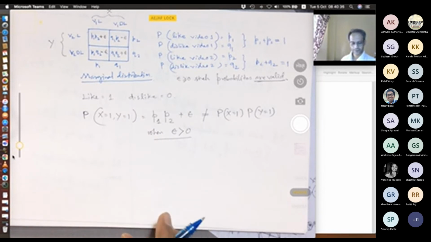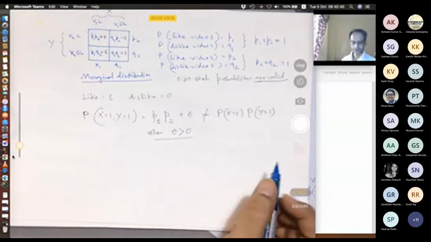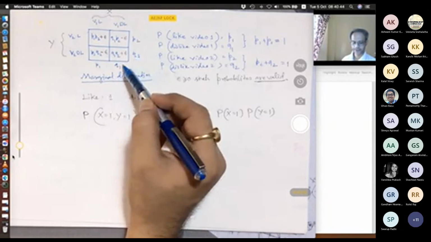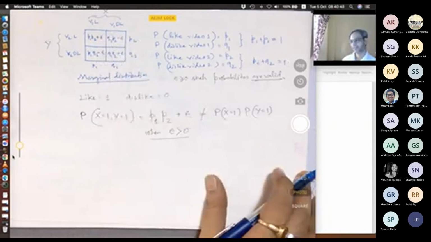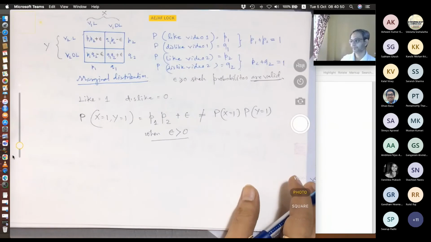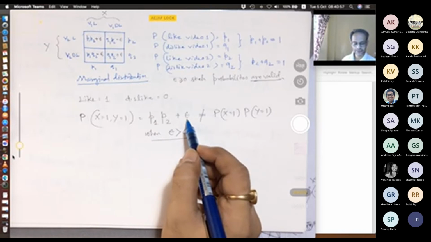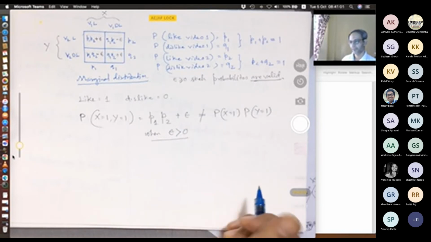But for how many values of epsilon can such a condition hold, where the marginals are unchanged but the dependency can be different? If I choose epsilon as 0.001, there will be a certain level of dependency.